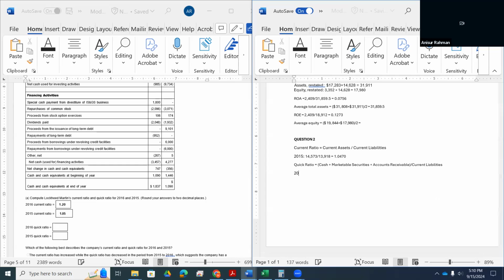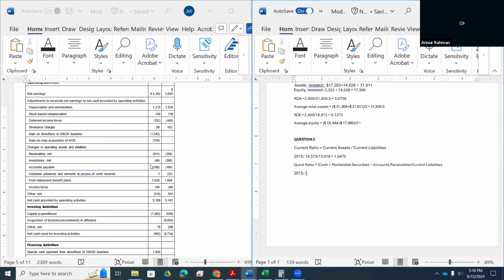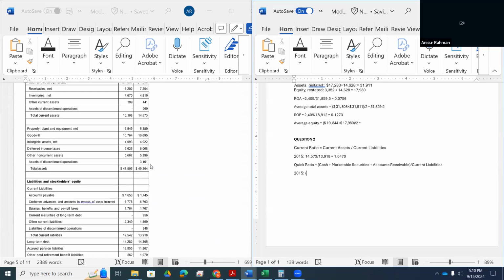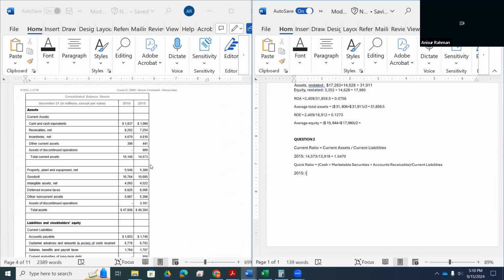So for 2015, our quick ratio will be, we need to go to balance sheet. So our cash and cash equivalents is 1,090.